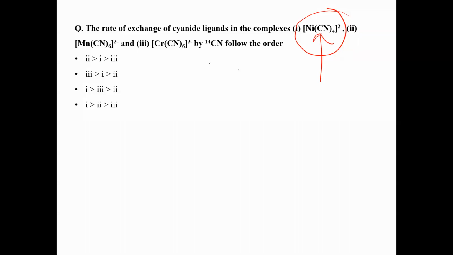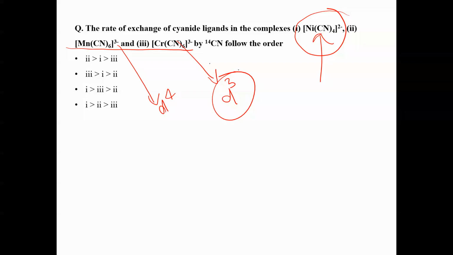It has enough space to accommodate the incoming ligands, so there is not an issue. But what about this one? Just compare, because it is a d4 configuration and this is d3. So d3 is inert, and what about d4? Just comment on it.